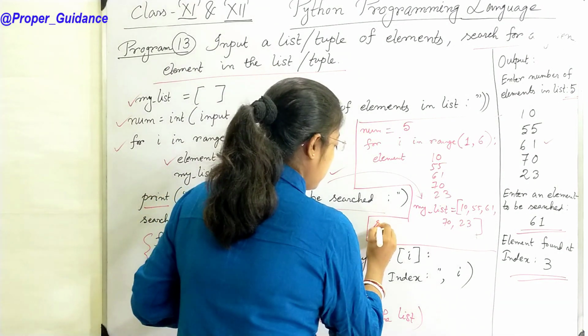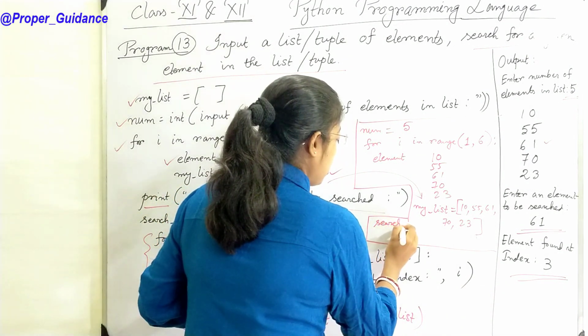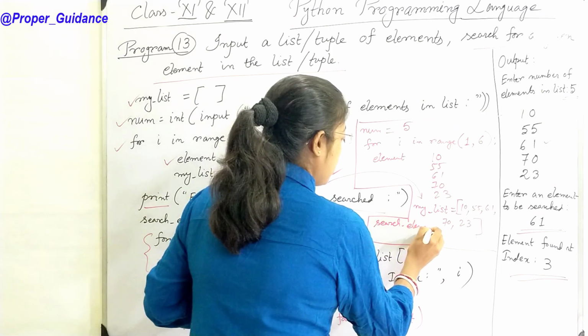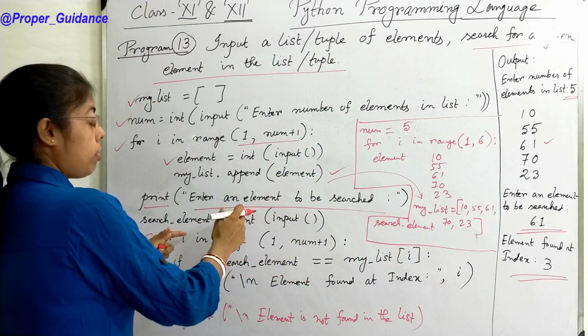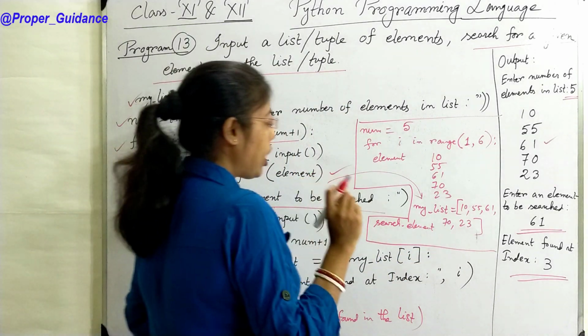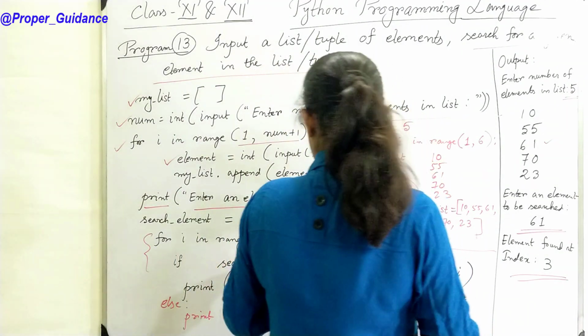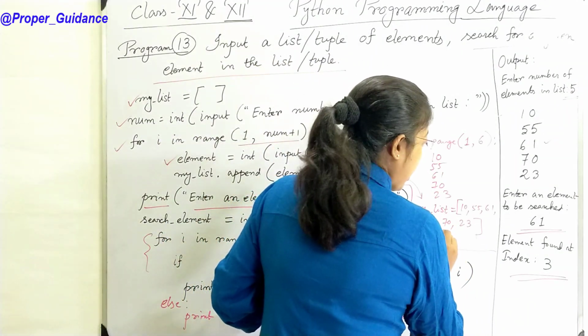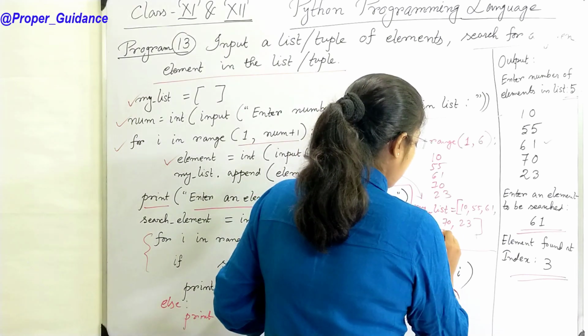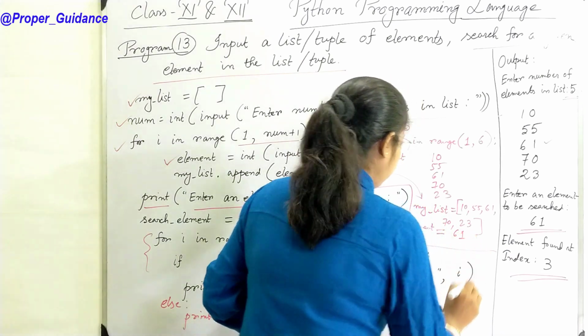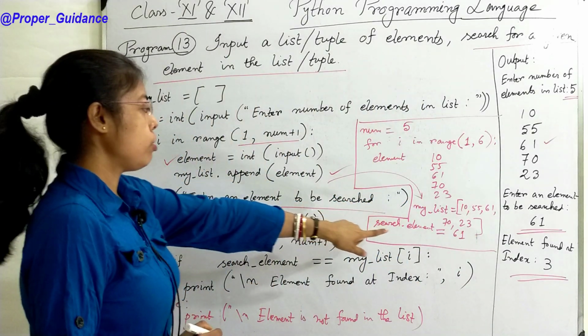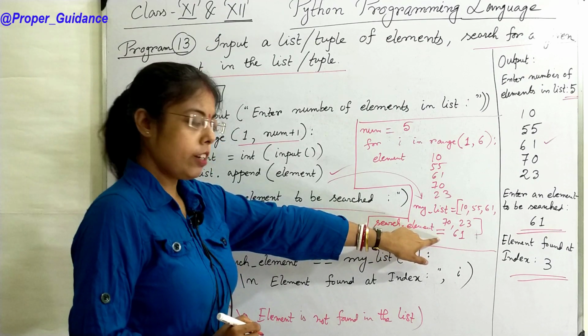Search element is another variable. In search element we will take the user input again, the key element. Which element do I want to search? I am giving here search element 61. So search element equals 61 here, right?